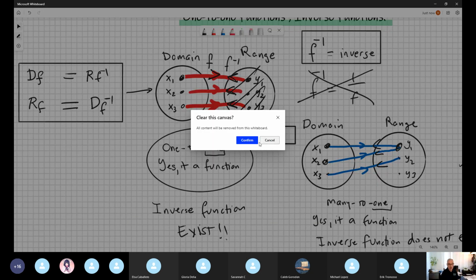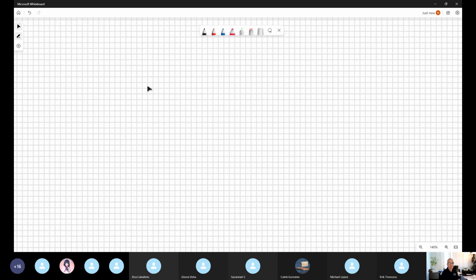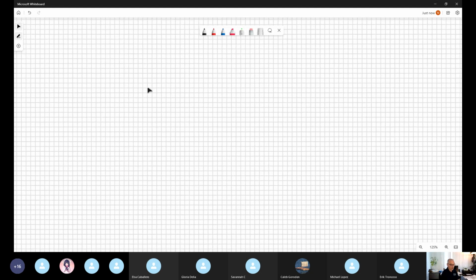Let's do an example. The example is long because it includes 5 steps. Example number 1. I give you one function. Normally it is one of the functions that we study in college algebra: quadratic, cubic, absolute value, reciprocal, square root.